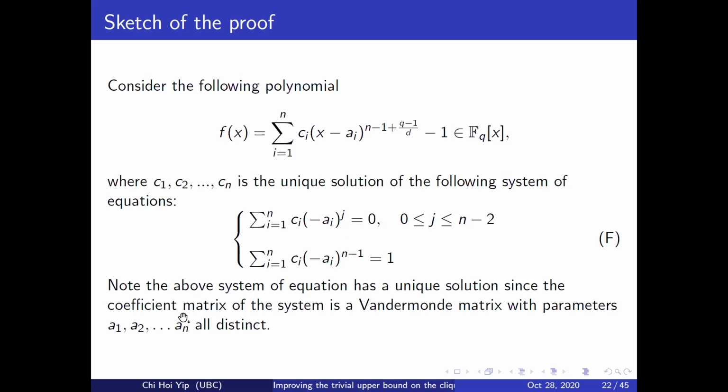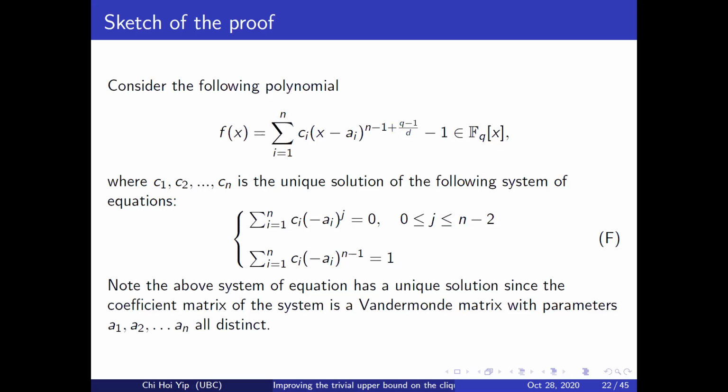Because they are all distinct, this coefficient matrix is invertible, so we can guarantee that this system has a unique solution c1 up to cN. This system basically says that for each j from 0 up to n minus 2, the sum of c_i times (minus a_i) to the j is 0. However, when j is n minus 1, we want this sum to be 1.